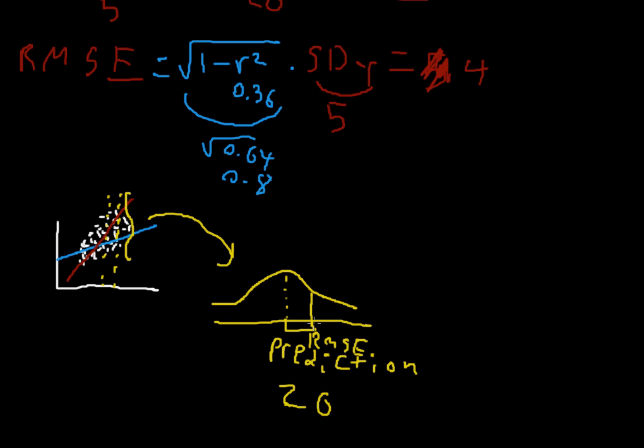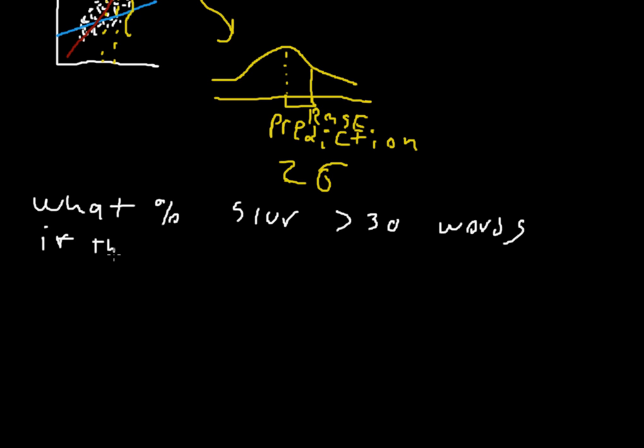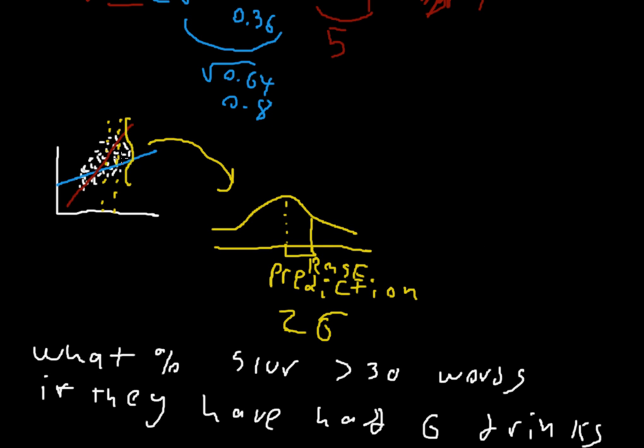So we go back to the question, which I'll write again. What percent slur more than 30 words if they have had 6 drinks? We're cutting this vertical strip. We're looking at this distribution with an average of 26 and a standard deviation of 4.